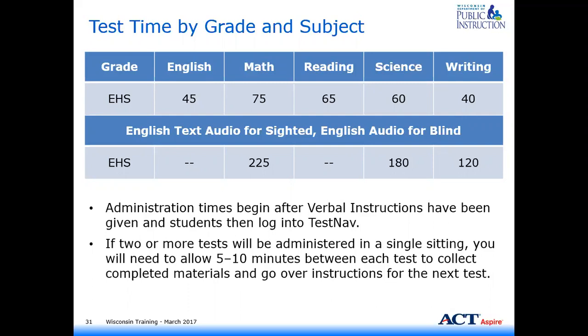Make sure that you're distributing the new authorization tickets and materials they may need, as well as, of course, going through those verbal instructions for the next test. So, make sure you're taking into account that administrative time that you're going to need between each test if you're going to do multiple. So add these together plus a little additional time.